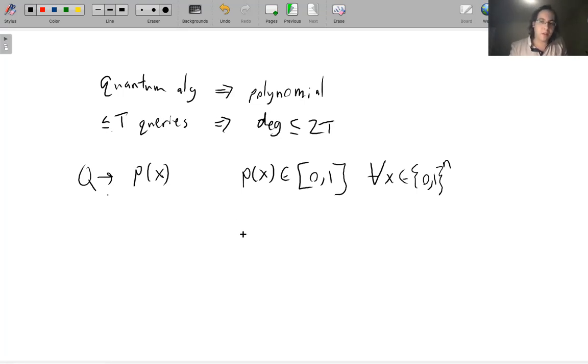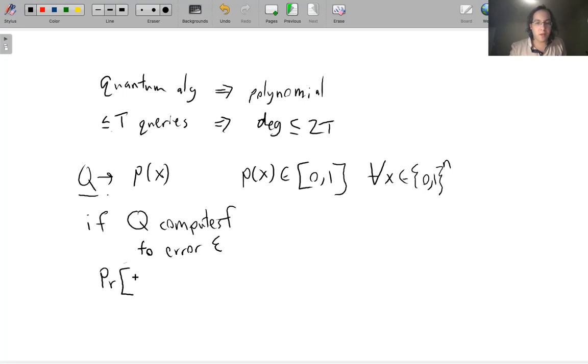Another property of this polynomial p of x depends on the action of Q. Suppose Q computes F to error epsilon. What does that mean? That means that the probability that Q of x does not equal F of x is less than epsilon.